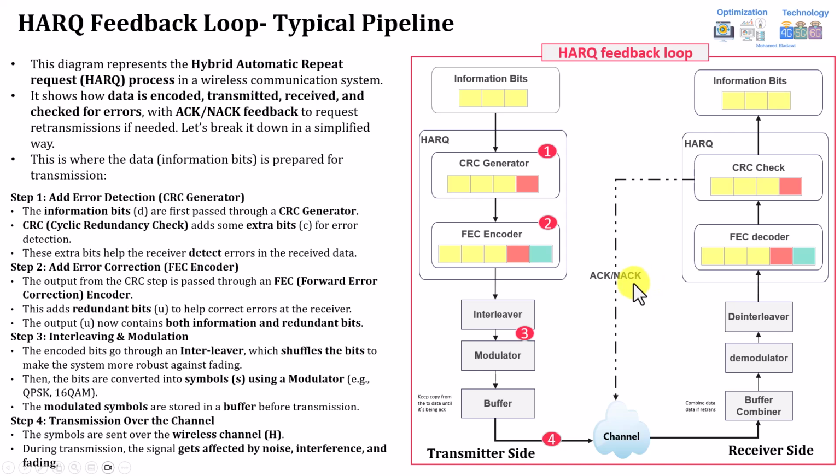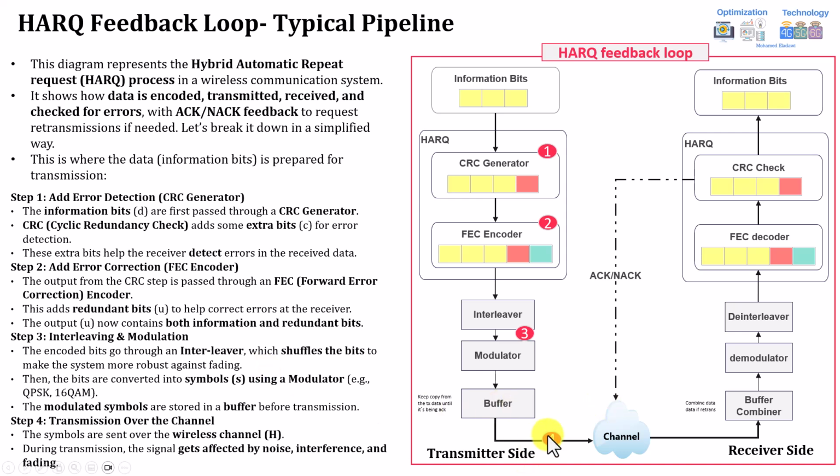But otherwise, if it receives a non-acknowledgement, it will be able to use this data in the buffer to retransmit it again. Because if it had already removed it before receiving any feedback, it would not be able to do the retransmission. That's why it needs to keep a copy in the transmitter, in order to be able to do the retransmission whenever it's required.